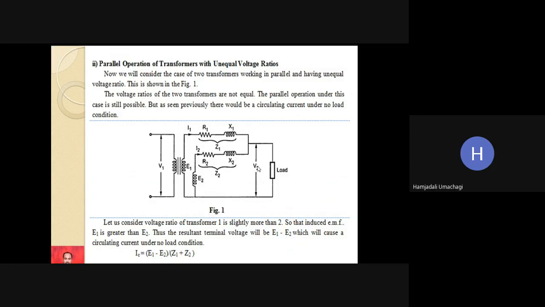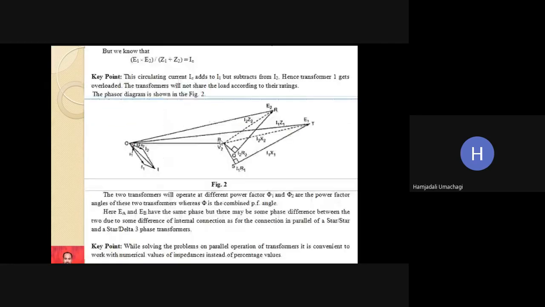And we will first mark the voltage drops for the first transformer. Taking V2 as a reference, the first transformer resistive drop is from the tip of V2. Resistive drop means this is my I1R1. The first transformer current I1 lags the load terminal voltage V2 by an angle phi 1.